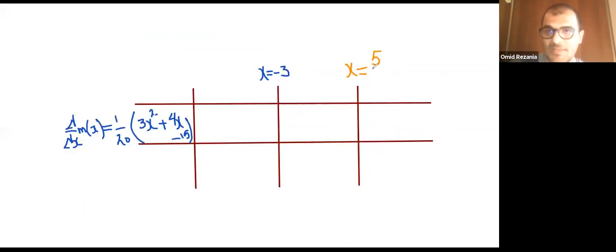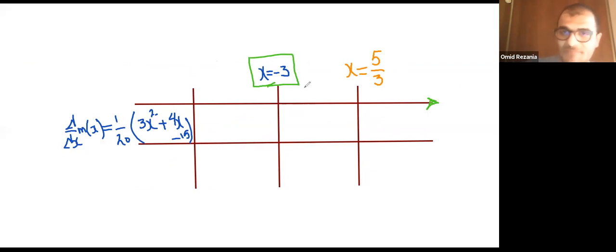Look at this one. We have a priority for x equal to -3, because you will see that the x-axis is towards that direction, so x equals -3 is going to be before x equals 5 over 3 because -3 is less than this one. And you can expect here that, for example, somewhere here you get x equal to 0 on the x-axis.